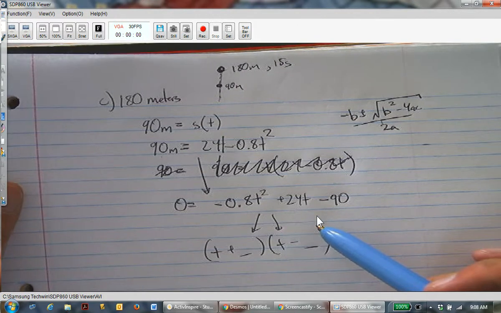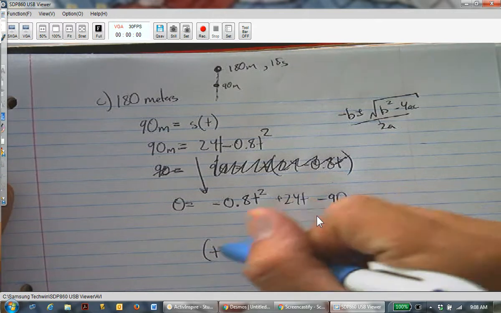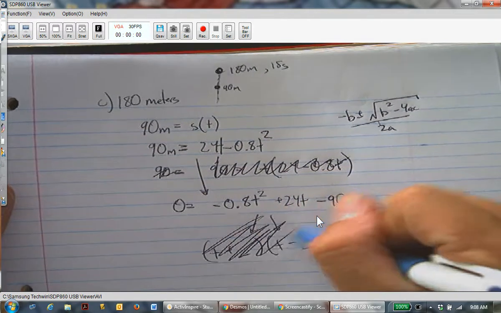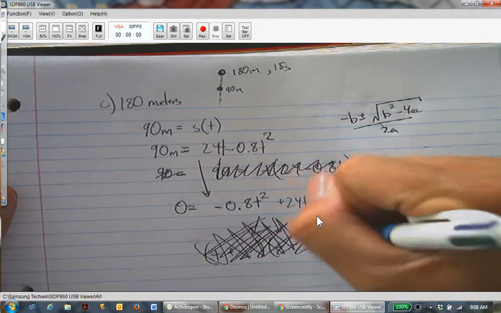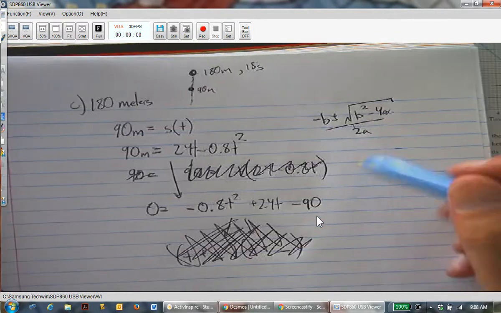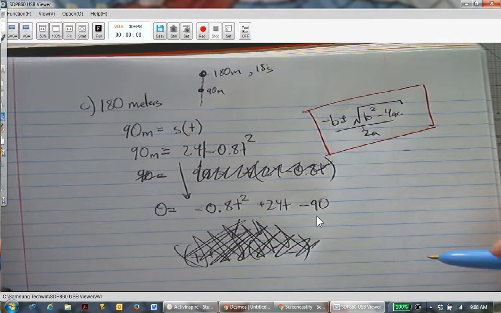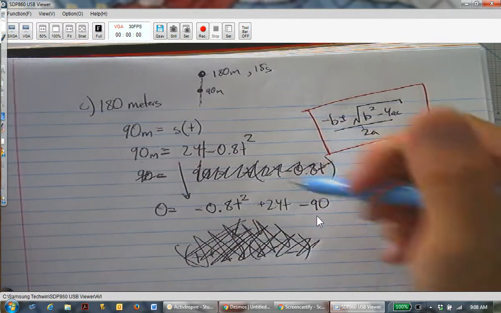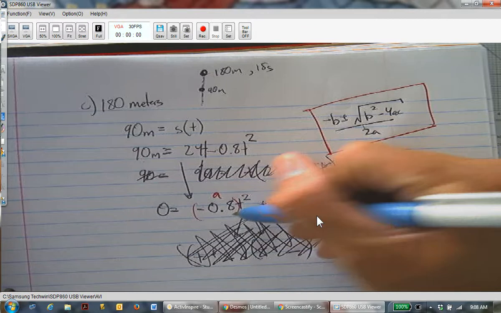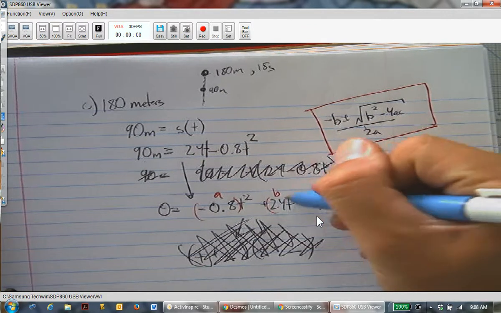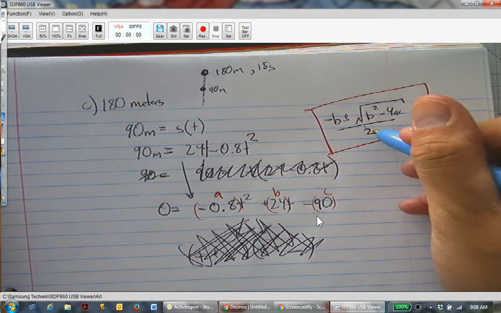This one's kind of complicated. You can't reverse FOIL or complete the square. So that's why we use the guaranteed way to find the roots. You plug in your A, which is negative 0.8, your B, and your C into this equation.